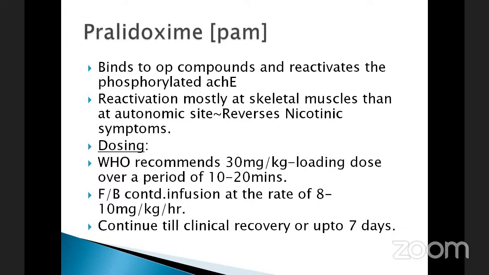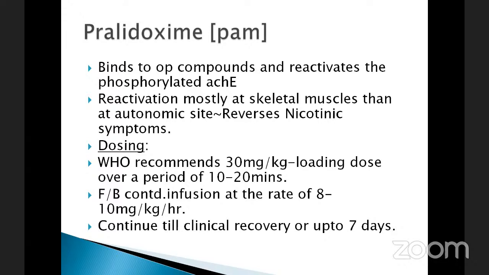At what time will you send the serum cholinesterase levels? At the time of admission, or do you wait for some more time? After admission, sir. Immediately or after some time, after 6 hours, 12 hours or 24 hours?